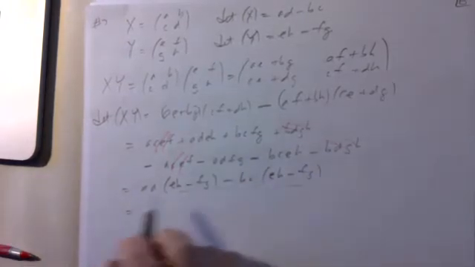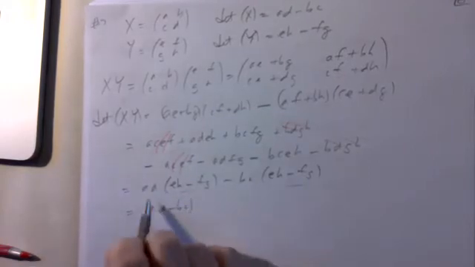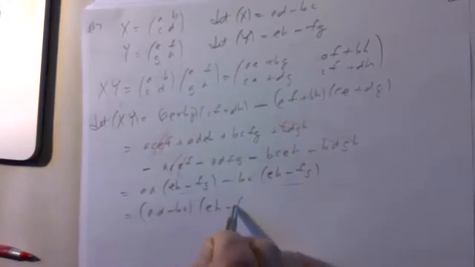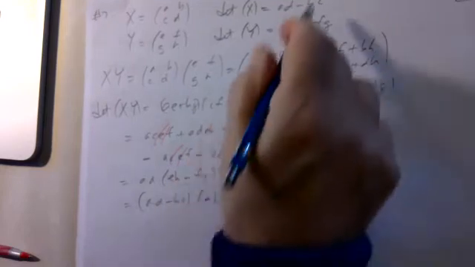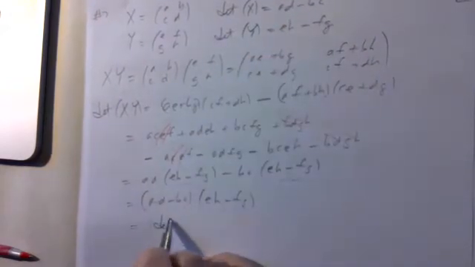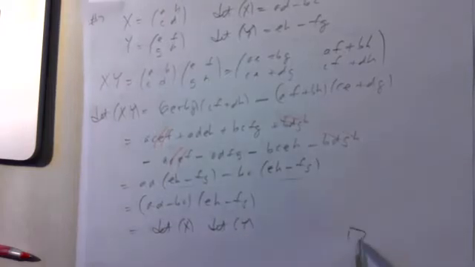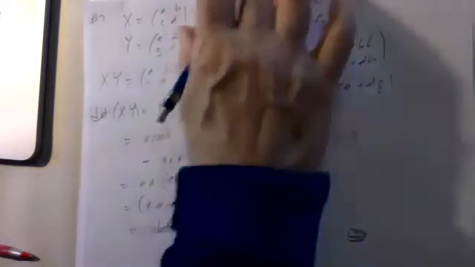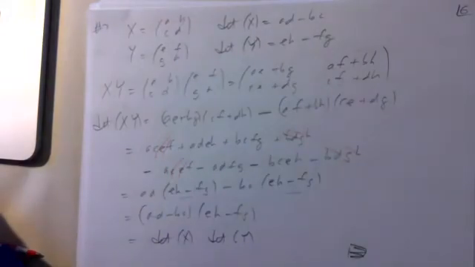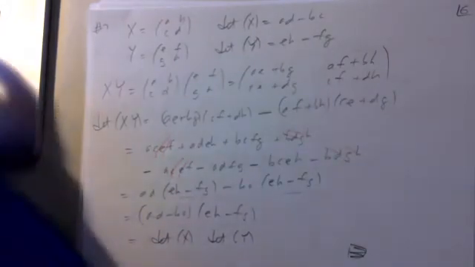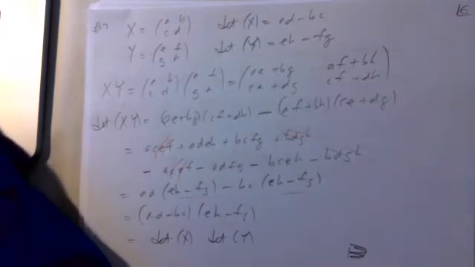And if I factor out this, I get AD minus BC times EH minus FG. And those are my two determinants. This is the determinant of X times the determinant of Y. So this is a very important calculation, and it's important to do it a few times.